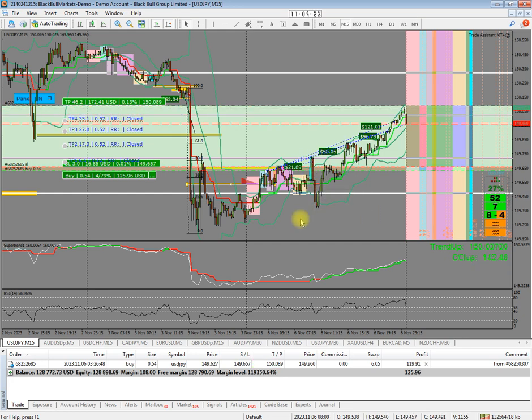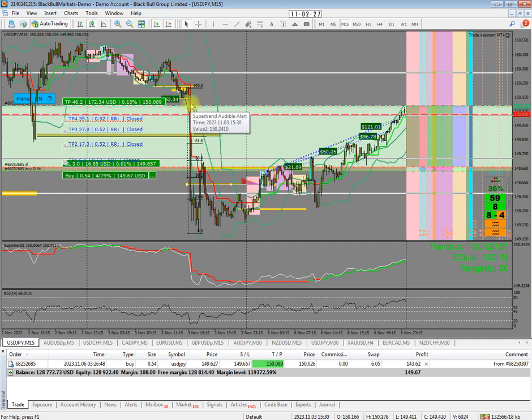They can all move the market, but the US dollar for the start of the day was strong. This is how I picked this trade. So from here, the open on a Monday, we can see the US dollar was reasonably strong, and we have a return to previous level.